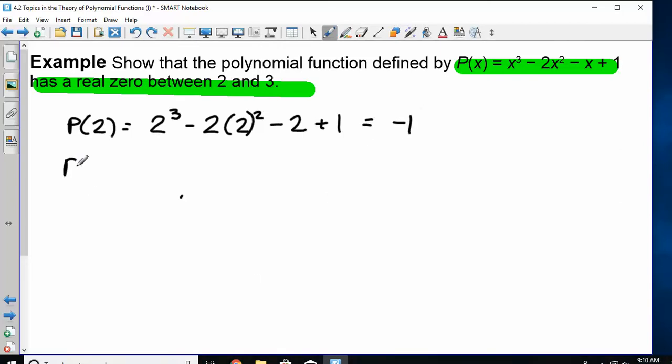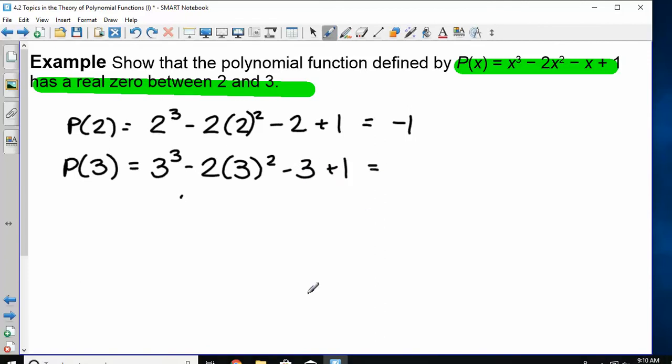All right, let's plug in a 3 and see what we get. What does that give you? 7.